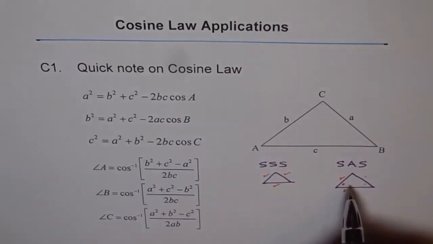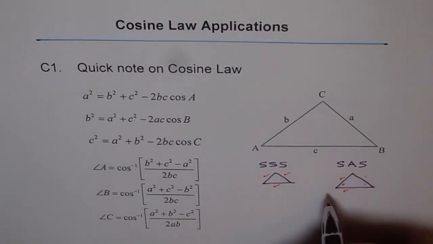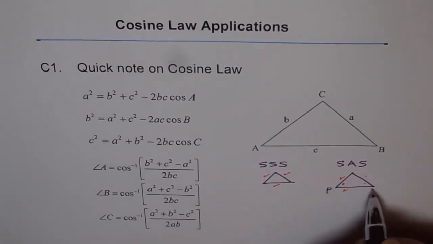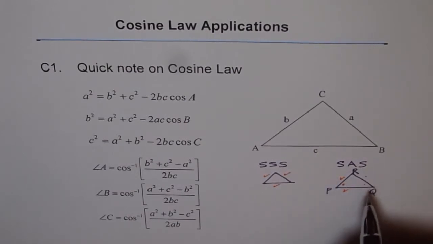In this situation, the angles could be anything. Let's say PQR is a triangle. Let me write a new formula. We want to find the side which is small p.